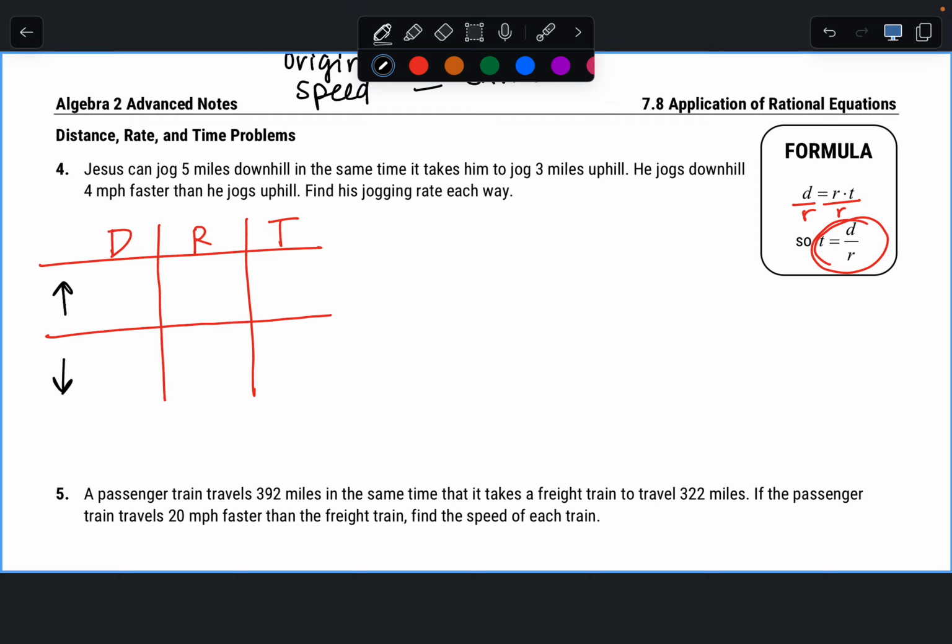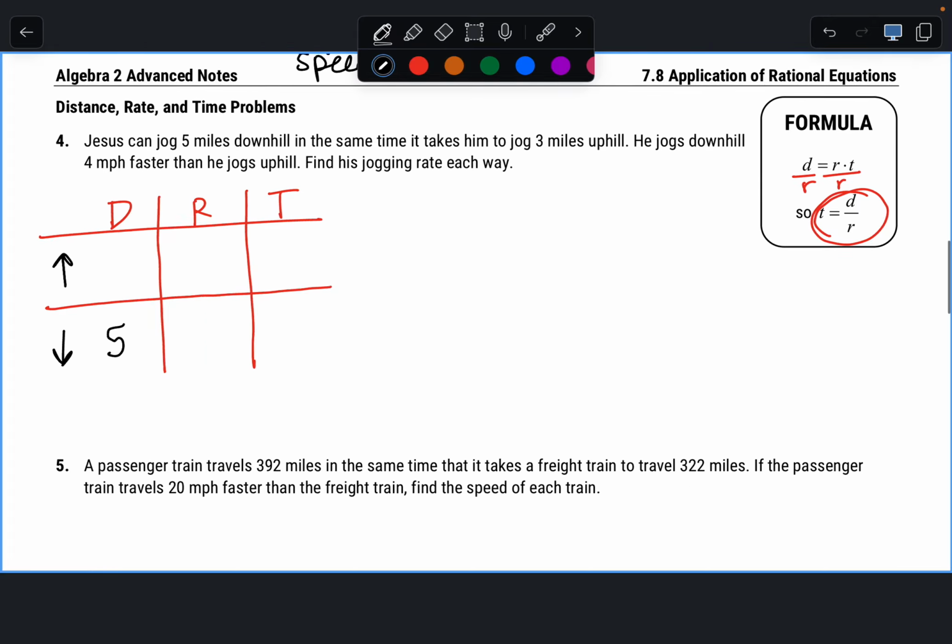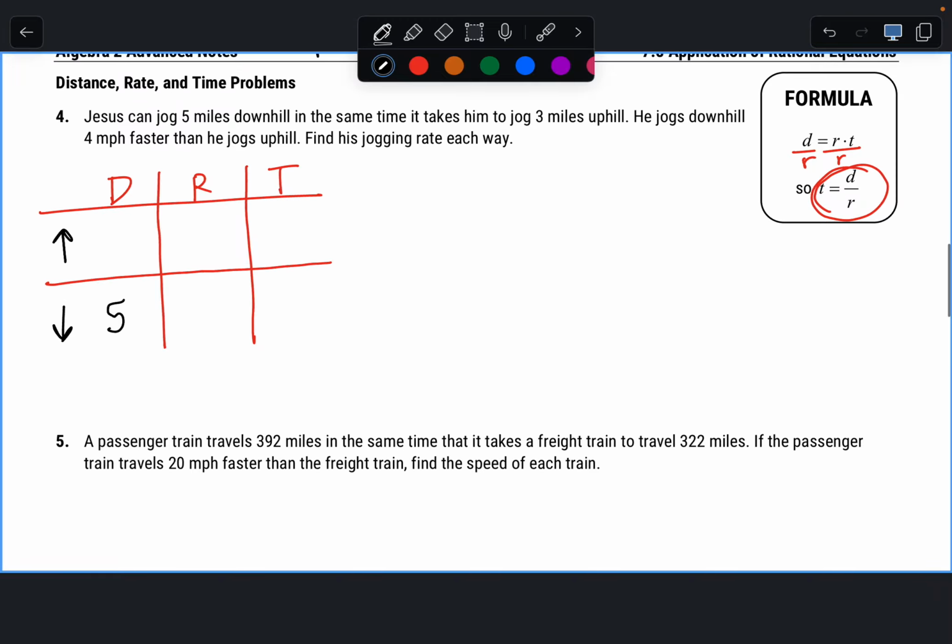Now, with this kind of setup, we know his increasing speed. So he can jog 5 miles downhill, so I'm going to put the distance for downhill as 5, because that's what they're saying. In the same time it takes him to jog 3 miles uphill.